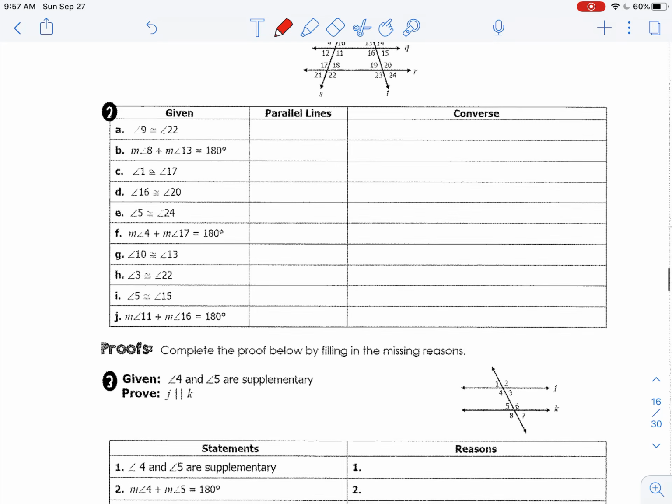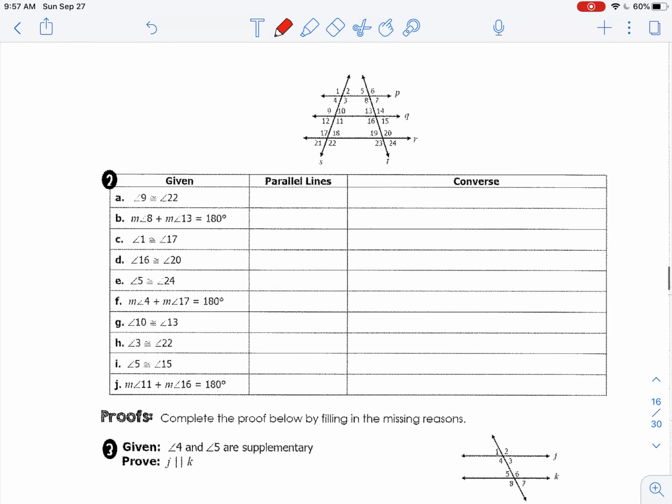Okay, let's go through a few more. Angle 9, congruent to angle 22. 9 and 22. I don't even see a 22. Oh, this guy right here.